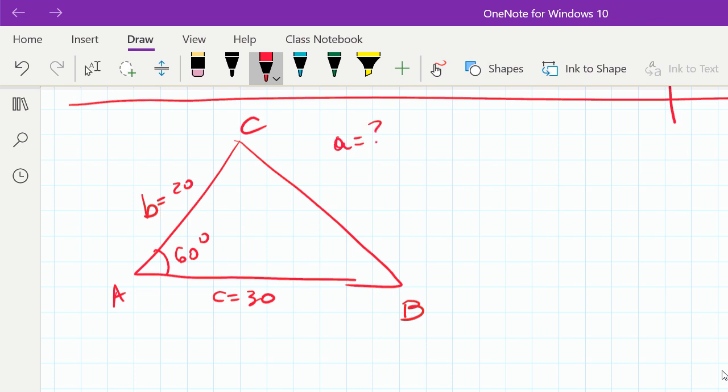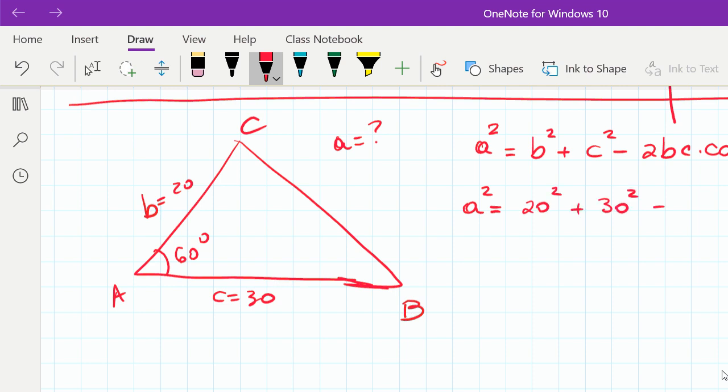So in this case, when we see that we have this kind of triangle, by knowing the sine and cosine law, we can apply the cosine law straight away. So a squared is equal to b squared plus c squared minus 2bc times cosine a, or a squared is equal to 20 squared plus 30 squared minus 2 times 20 times 30 times cosine 60 degrees.